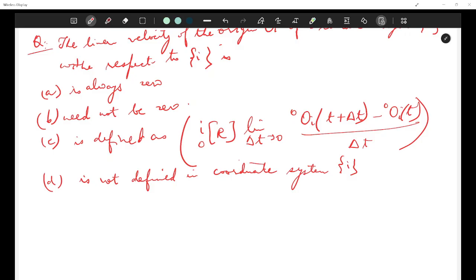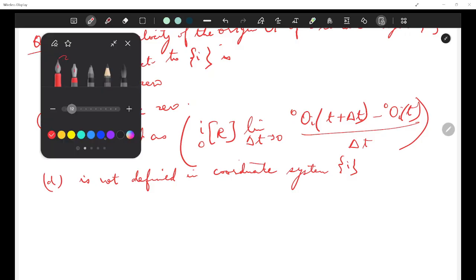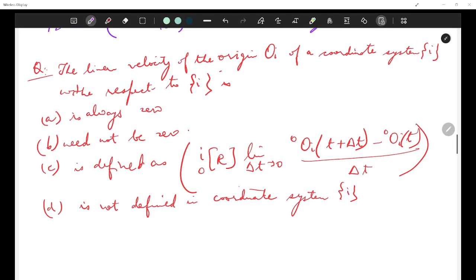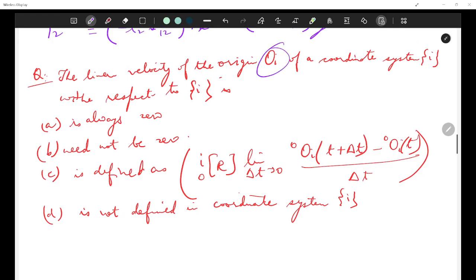From here, if we understand the things correctly, we'll see what this OI is. This OI is the origin of moving frame I. Its position vector is expressed in fixed frame 0 as 0ROI(t). So this position changes with time if the frame is moving.